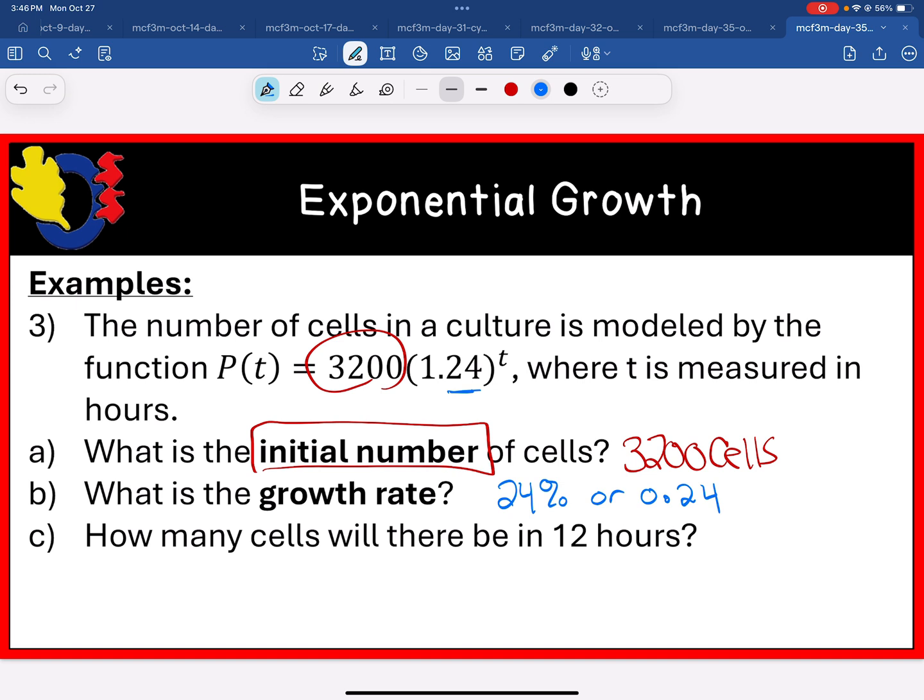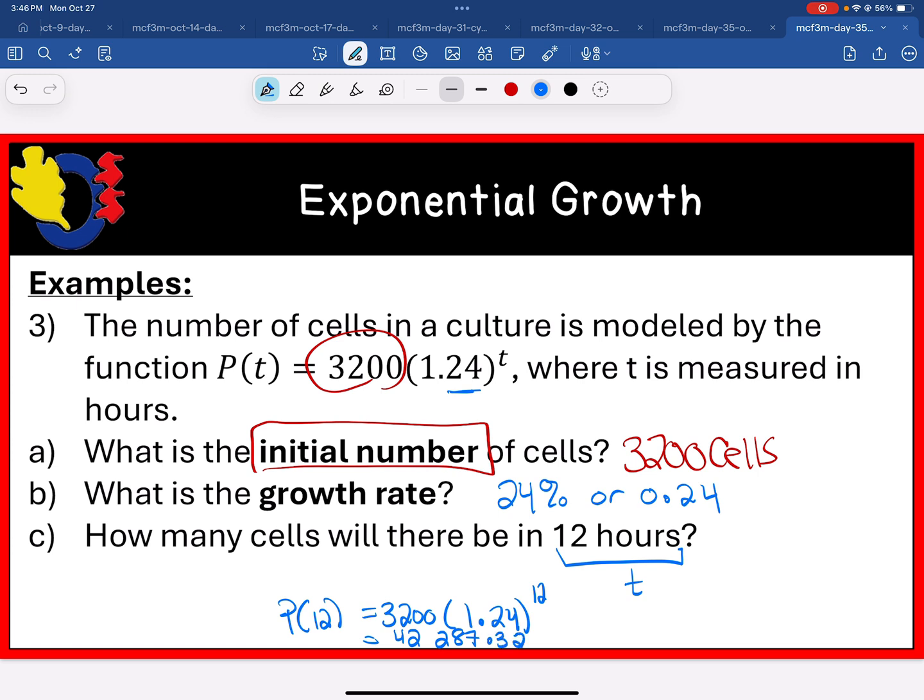Okay, and then how many cells will there be in 12 hours? So this is our t. So if we find P at 12, so 3,200 times 1.24 to the exponent 12. And if we plug that into our calculator, we get 42,287.32.